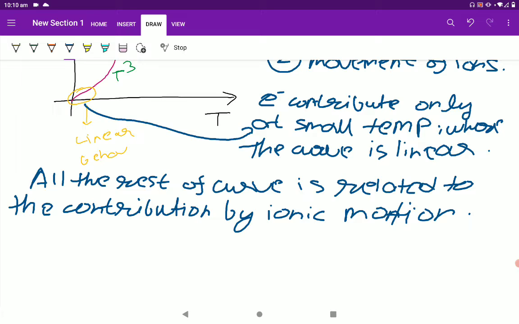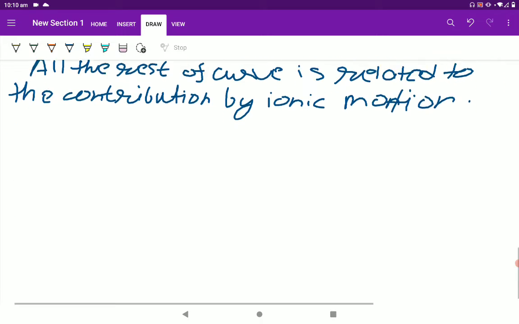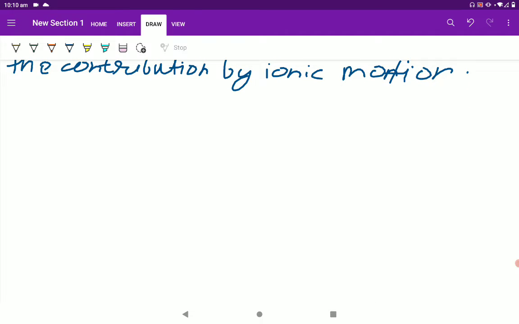The first model, which is generally wrong, like every first assumption, for finding the ionic motion was the Dulong-Petit model.